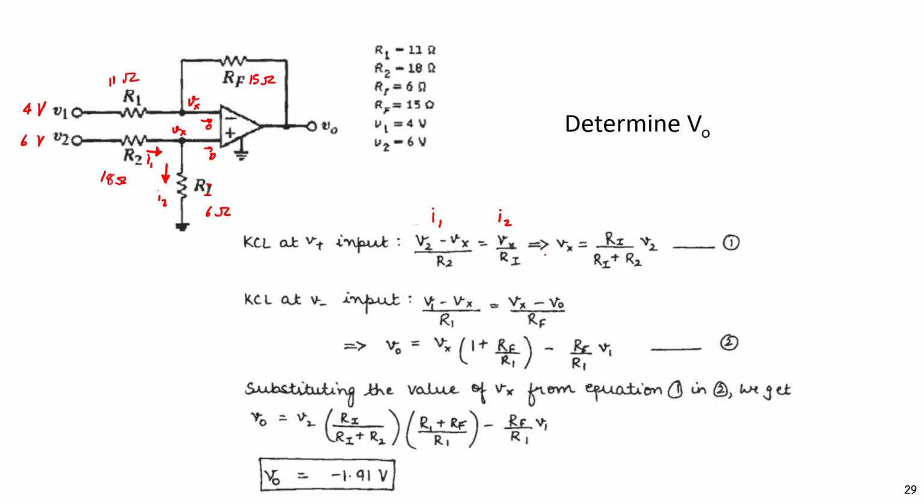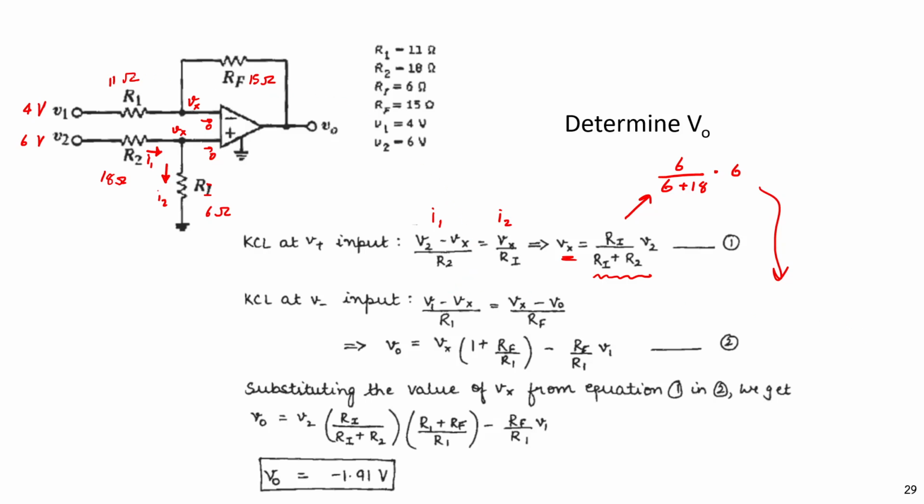So we rearrange and we get Vx to this value. Or we can calculate Vx first from this relation. If we substitute Ri as 6, Vx is 6 divided by 6 plus 18, times V2. We can get the Vx value first. But in this example, we leave it as Vx. You can do this method: solve for Vx first, and then go ahead.